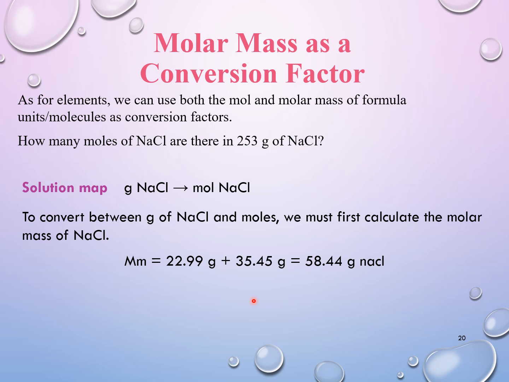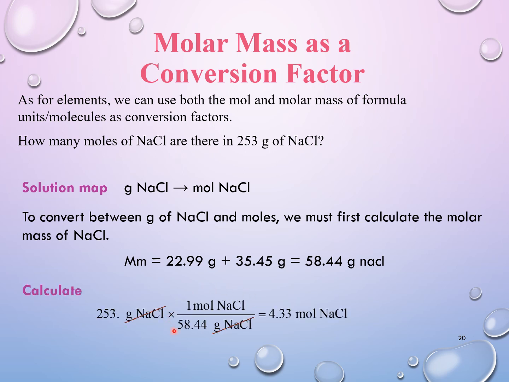So now that you know that 1 mole of NaCl has 58.44 grams of NaCl, we can use that conversion factor right here. And we take our grams and we put the grams on the bottom so it can cancel out and we can get our answer in moles. We will be keeping 3 sig figs, so our answer will be 4.33 moles of NaCl.